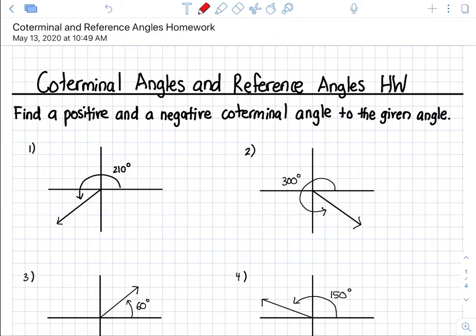In order to get back to this spot again, you have to keep adding 360, or to get to this part, you have to subtract 360. So for this first problem, you just add 210 degrees by 360, and that will be 570 degrees.